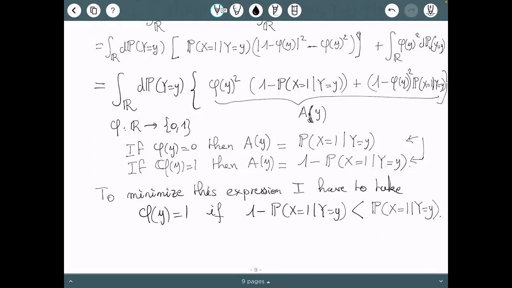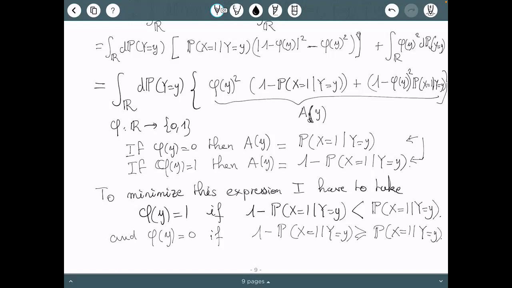Because otherwise, we'll take the opposite. And phi of y is equal to 0 if 1 minus the probability that x equal to 1 given y is equal to y is bigger or equal to the probability that x equal to 1 given y is equal to y.